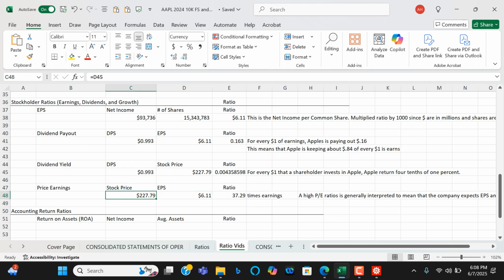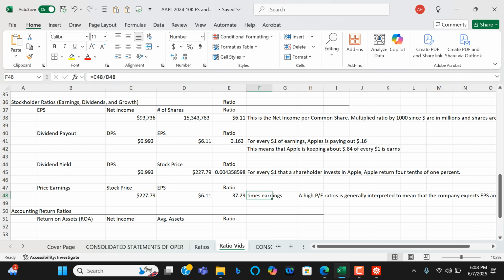So if the market thinks the company's stock is going to grow fast, they're going to drive the stock price up. These earnings are going to stay the same, and so the higher the stock price goes, the higher that ratio goes. So loosely speaking, a high P/E ratio means the company's expected to grow fast.